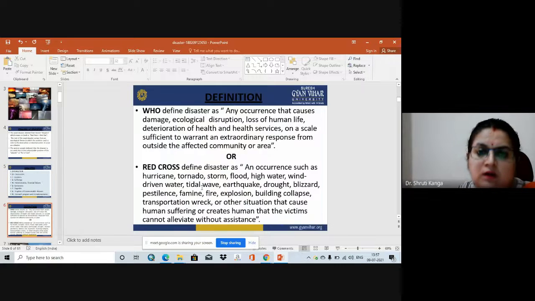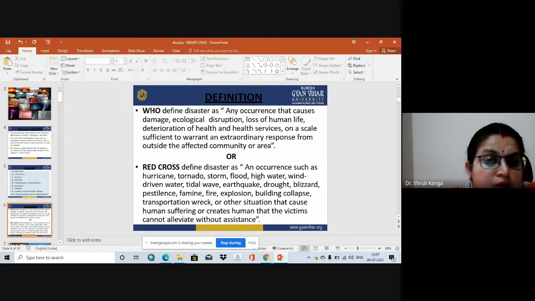Clear? Then the WHO and Red Cross, which are different organizations from the medical line that control these disasters, have defined disasters in different terminologies.